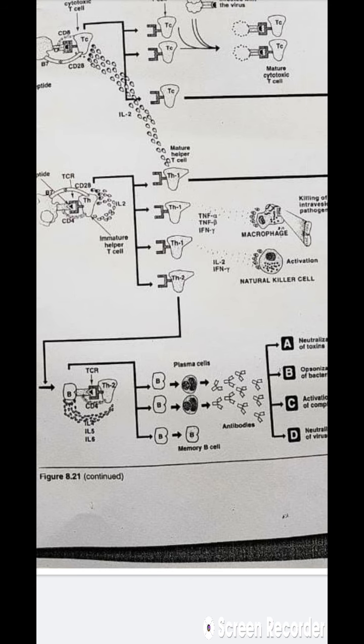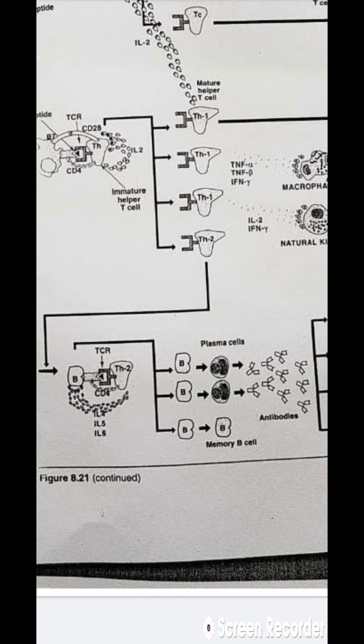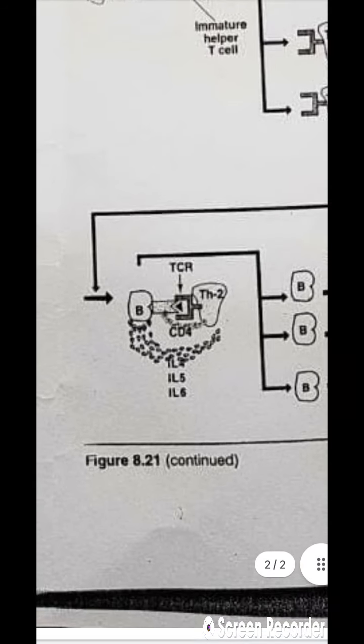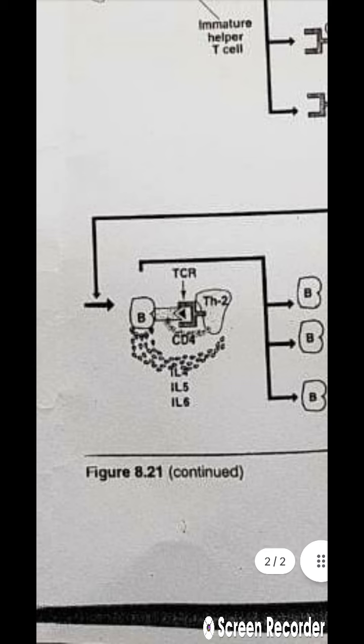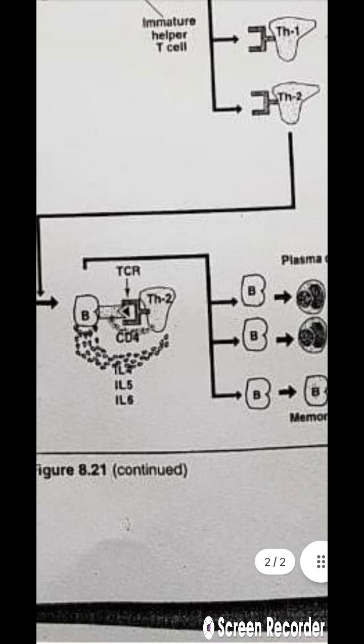So the B cell is presenting the foreign antigen peptide to the T cell receptor of the subtype 2 of the helper T cells. Please see this one. This acts as a first signal, and after this there is no co-receptor binding in that case.